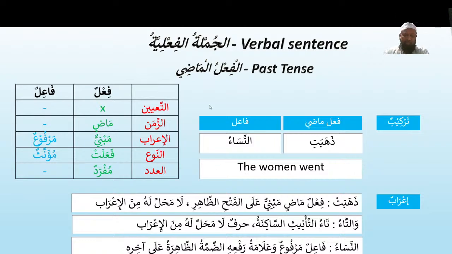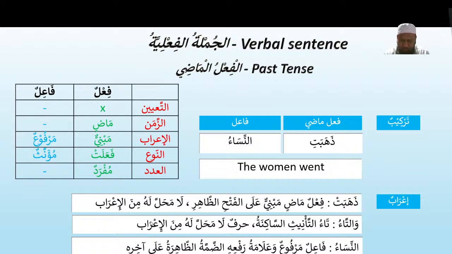Over here, because we are mentioning حرف, then we say لا محل له. If you don't mention حرف, because ta is مؤنث, you can say تاء التأنيث الساكنة لا محل لها. You make that ha into مؤنث. لا محل لها من الإعراب.